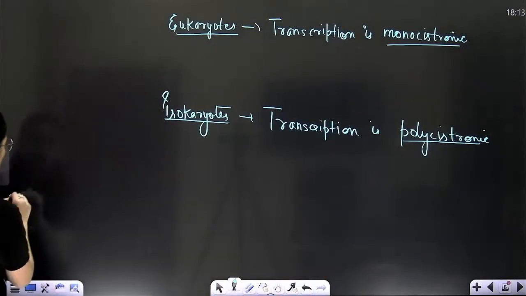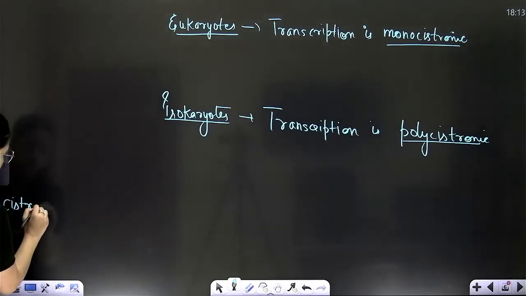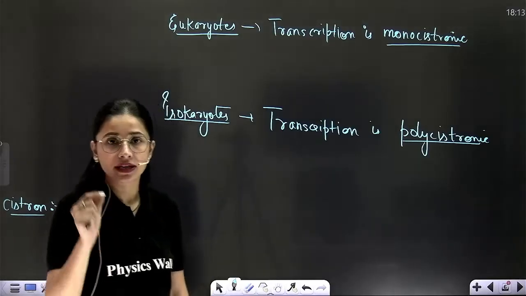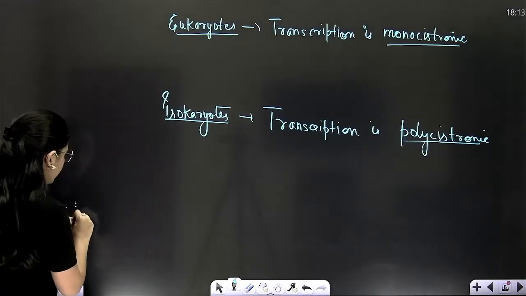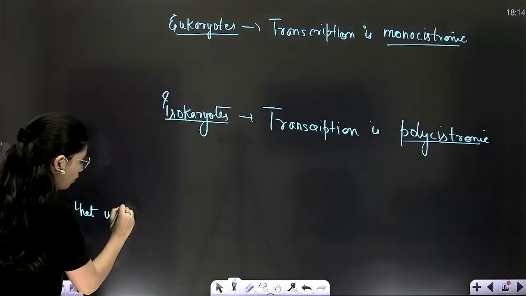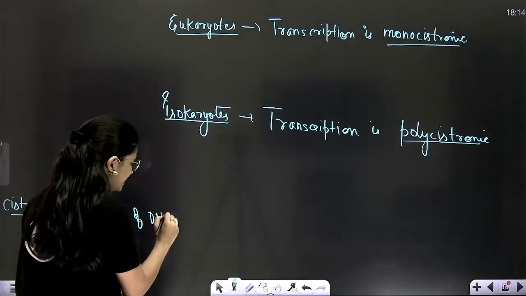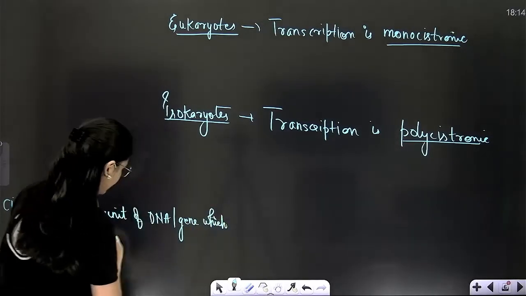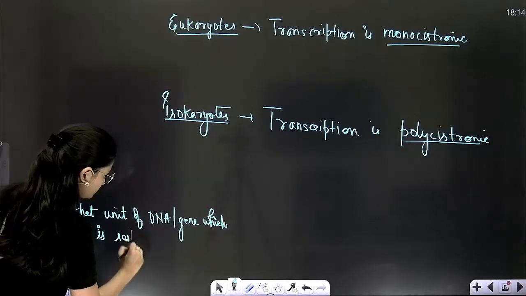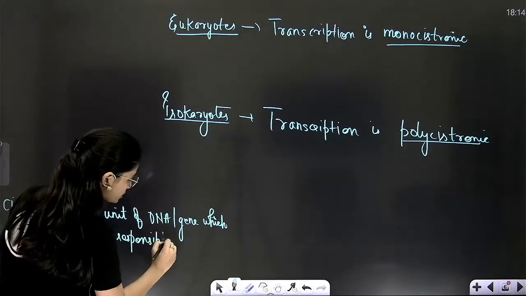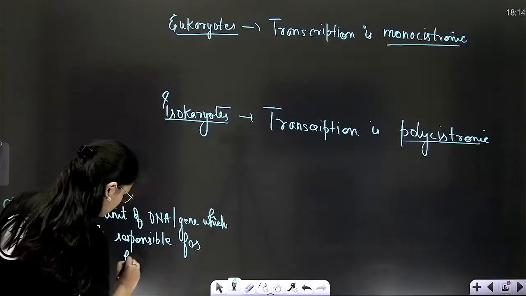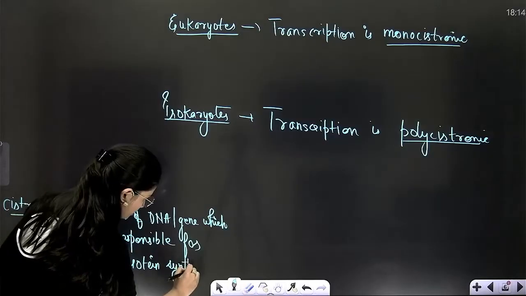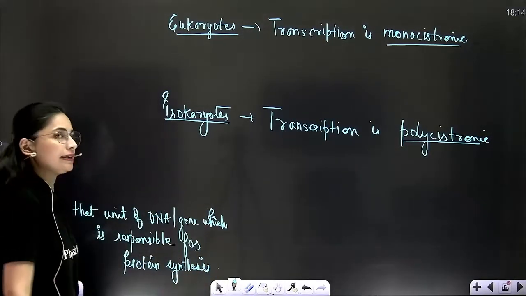So write this note somewhere in your notes: cistron represents that unit or region of DNA or gene which is responsible for protein synthesis.